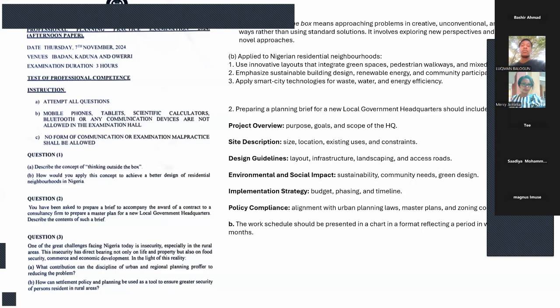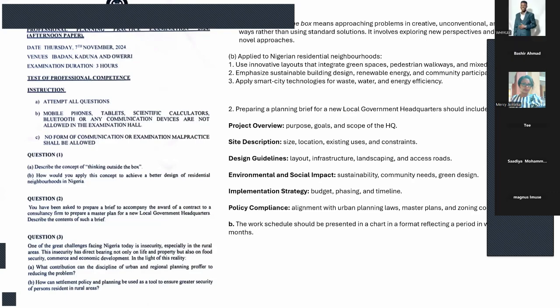So most of you, or maybe some of you that are into private consultancy or even are civil servants, in a normal situation, when a contract is awarded to a town planning firm, to a town planning company, the client, which is normally the government agency, either the state or the local government, will present you with a brief.